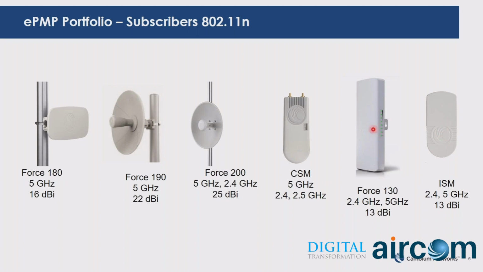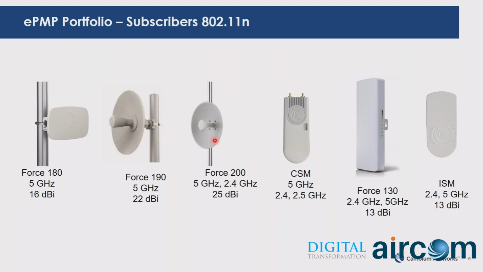You use the FOS 130 for very short distances and places where you don't have much interference. But even for those short distances, the FOS 200 would be recommended when you have a lot of interference.